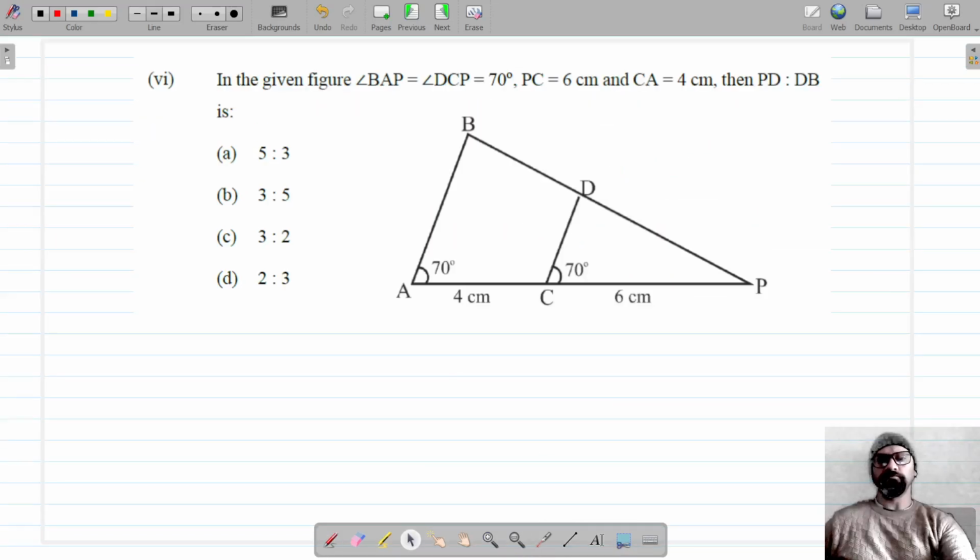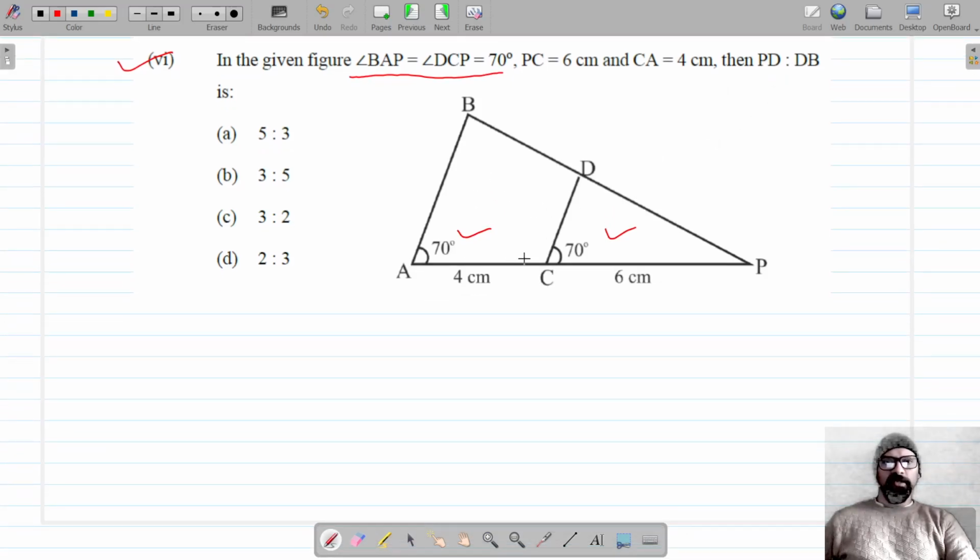For question number 6, it's given that in the given figure, angle BAC is equal to angle DCP. These are 70 degrees, and CA is 4 centimeters. We have to find the ratio of PD to DB. Now, this angle A is equal to angle C, and these are corresponding angles.